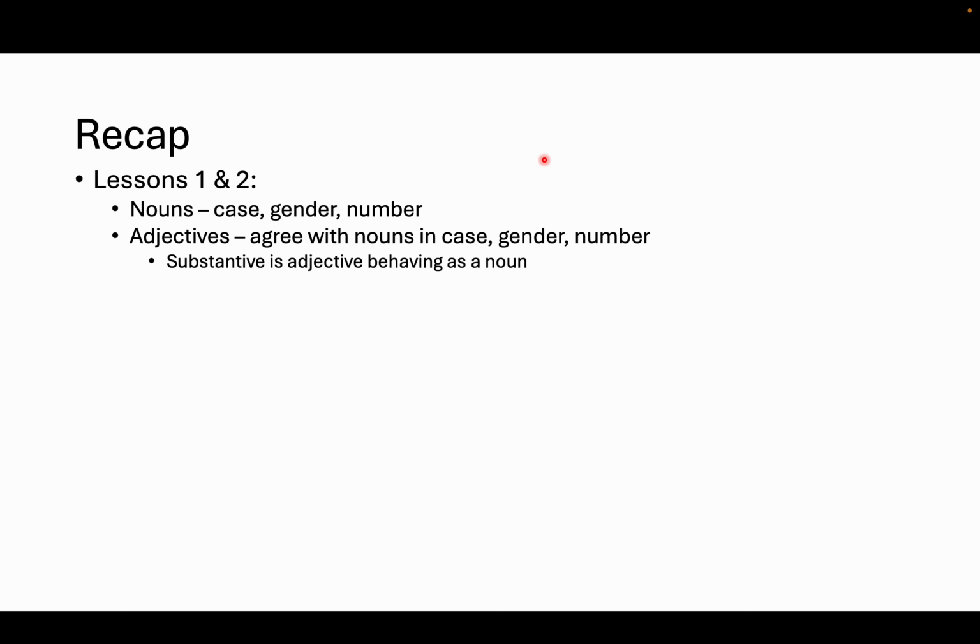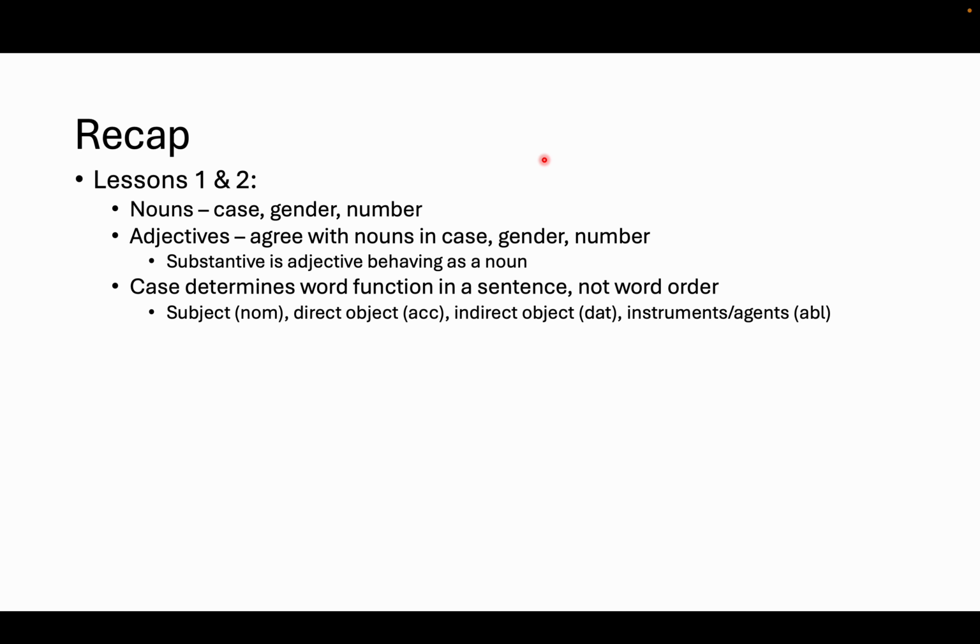Okay, recap and then we're completely finished. Okay, lessons 1 and 2 we did nouns. We talked about case, gender and number. We talked about adjectives and that they have to agree with their nouns in case, gender and number, and we can look them up in tables, right? The substantive is an adjective behaving as a noun. The case determines the word function in a sentence, so not the word order, like in English.